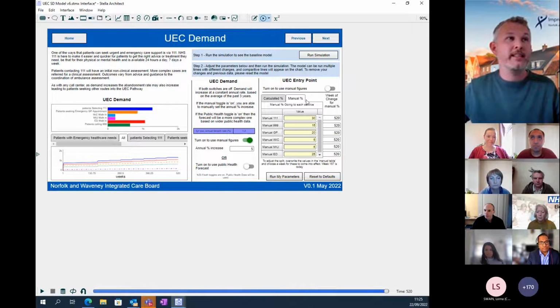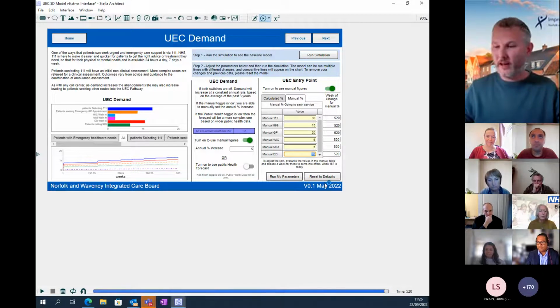What we've also got in here is which route are people going to pick. And we can see that we've got a calculated figure, which we based on our information, which you can't quite see on the page, but just pretend you can do. What we've also got the ability to do is be able to click on a manual one. So we're going to change it, and we want to expect something different to happen. So if we say, we really want people to phone up 111, we want them to stop attending ED all the time because it just doesn't work.